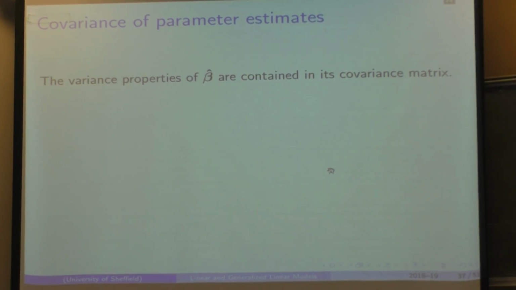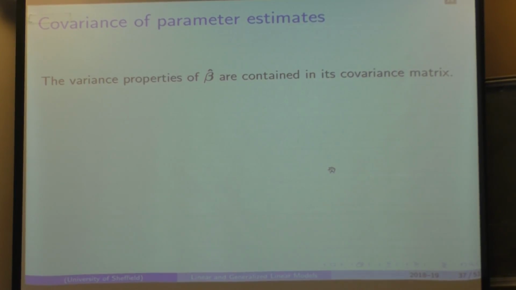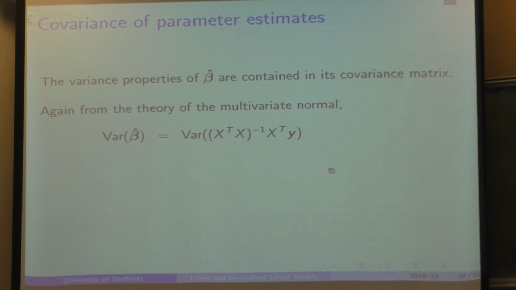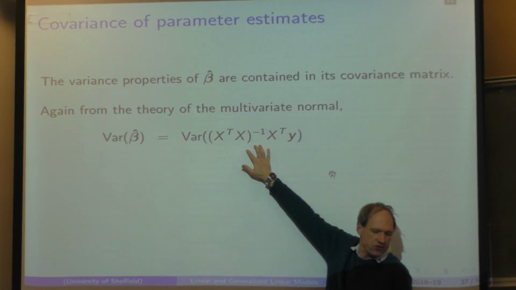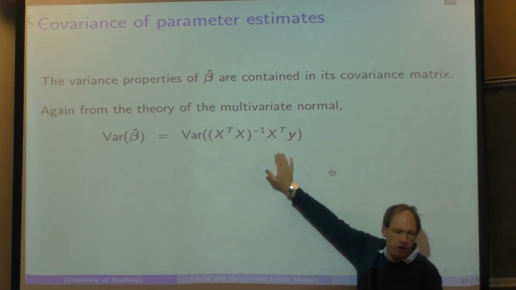Okay, we can do something similar with the variance. Again here, we're going to need to appeal to the theory of what happens when we take a linear transformation of a random vector and what happens to the covariance matrix. So beta hat is equal to this matrix that we've mentioned before with the X's and X transposes in it, times y.